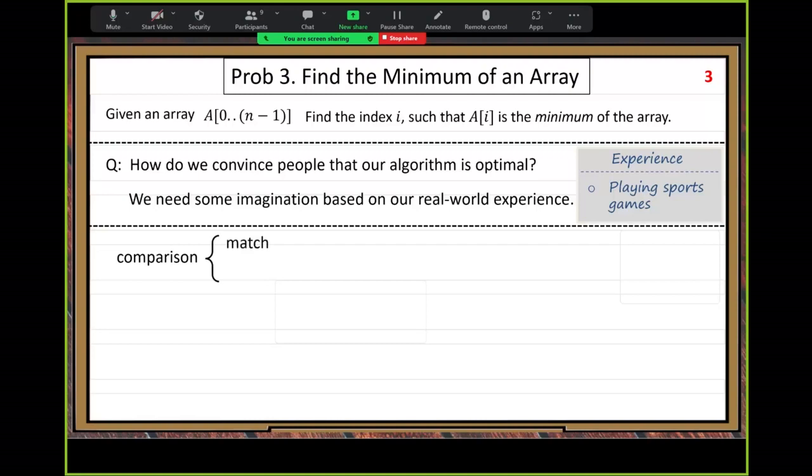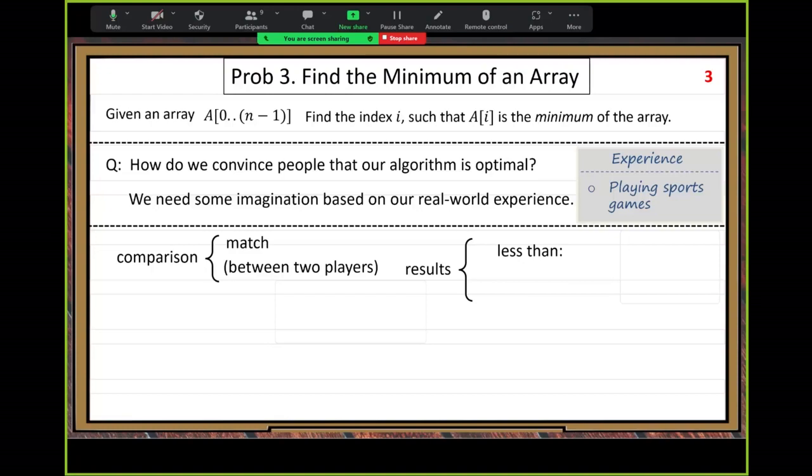Two players play a match, one winner, one loser. The winner you can interpret as greater or less. You can choose. Let's look at the results. Less than, because here our goal is to find the minimum.